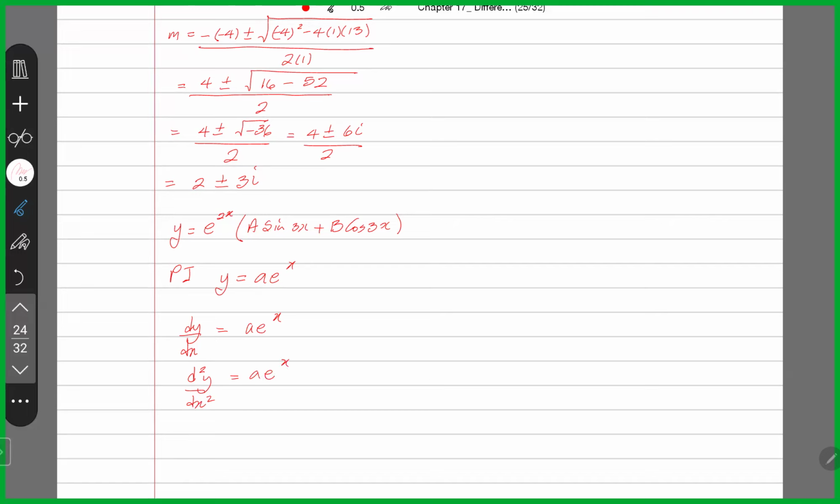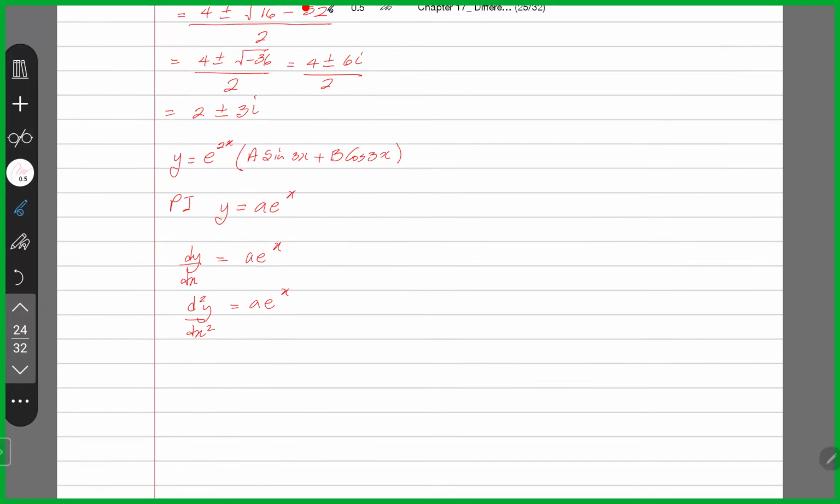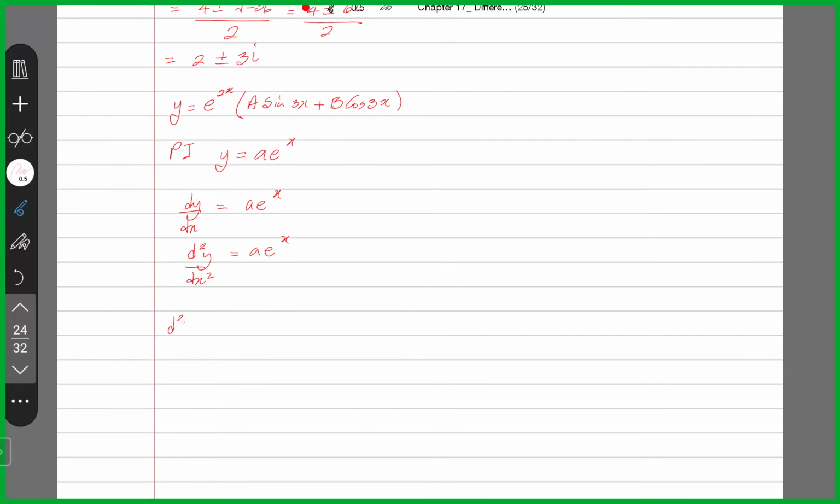So substituting into the equation d2y by dx squared minus 4 dy by dx plus 13y is equal to 20 e to the x, we get a e to the x minus 4a e to the x plus 13 a e to the x is equal to 20 e to the x.